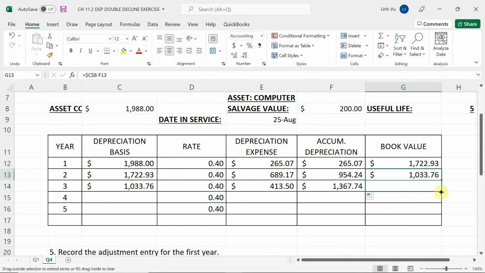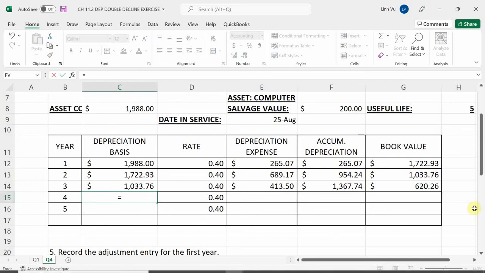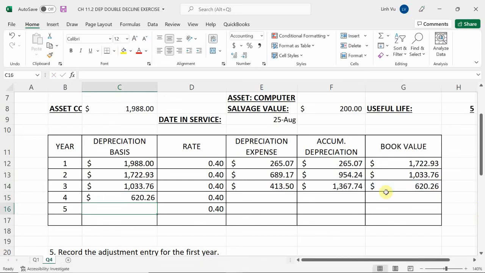1988 minus 1367. 620.26. Good. So which will carry on to the fourth year. Okay, so what's 40% of that? 248.10.